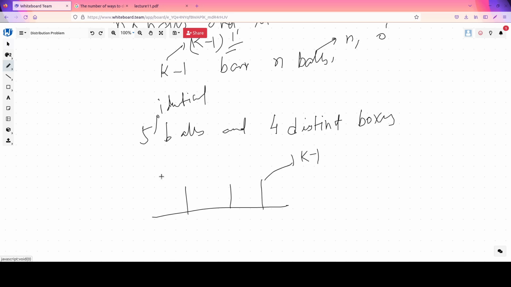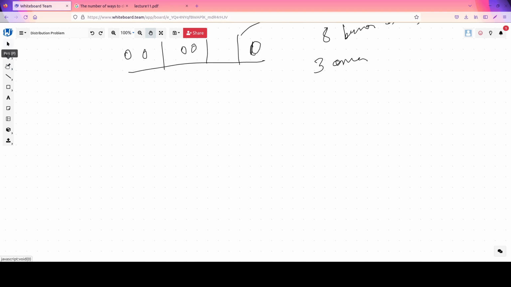And we have 5 balls, so we can put like 2 2 and 1. So again it will be the same as we have an 8 digit binary sequence, and we have to find that there are three ones, right?